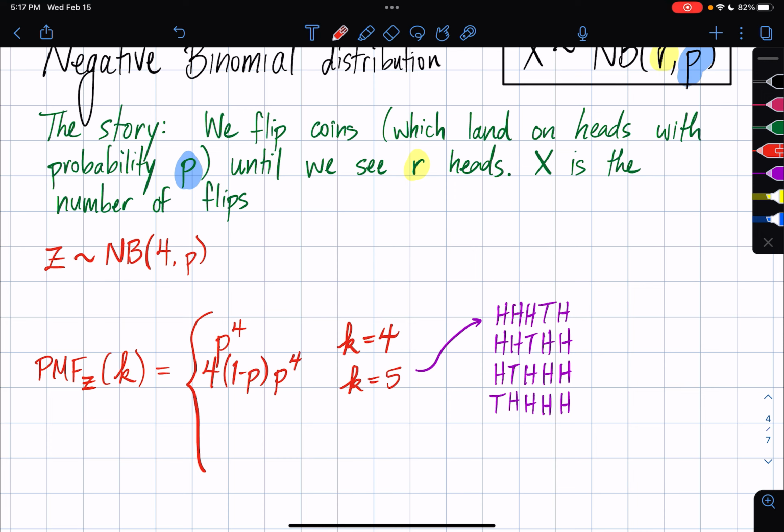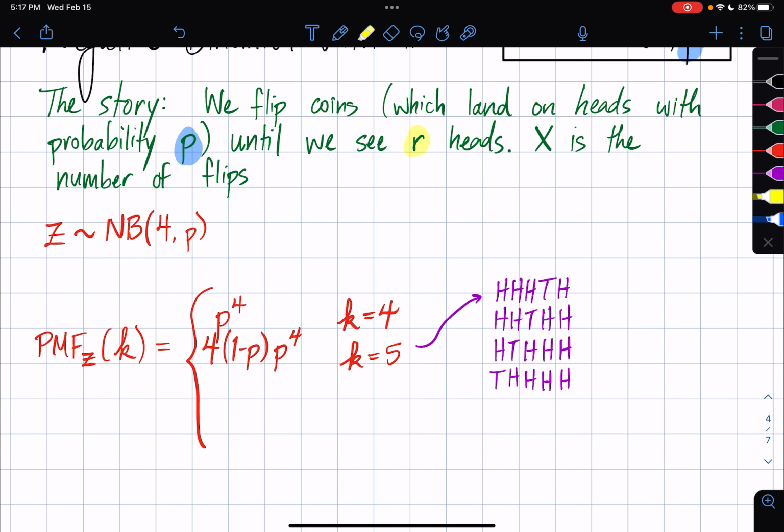Okay, so that's great. One thing I want to point out is that we have almost all of the ways that we could have 4 heads and a tail, except for one, right? We do not have heads, heads, heads, heads, tails, because that would be handled in our 4 case, right? We got our 4th head after 4 flips.